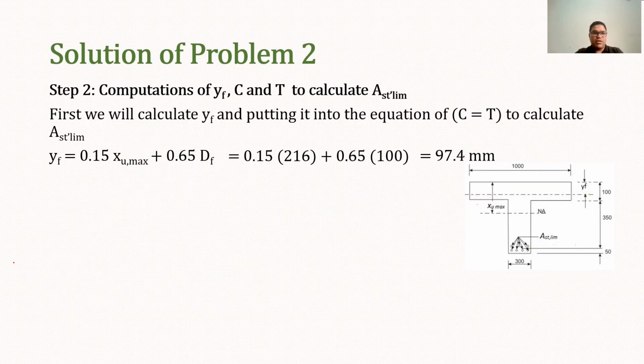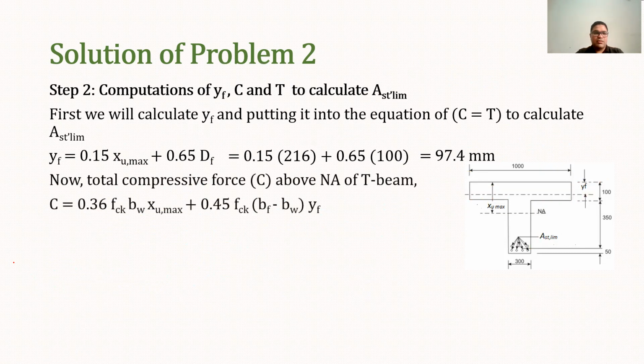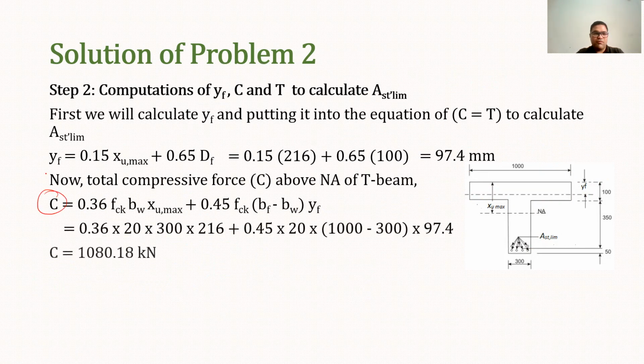So here the formula is, this is for C, which I have just written, and putting all the values, we can find out the value of C as 1080.18 kilonewton. I have directly divided by 10 raised to power 3 to get the value of C in kilonewton.